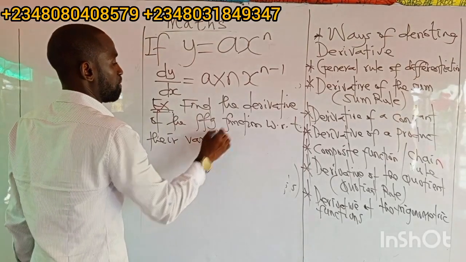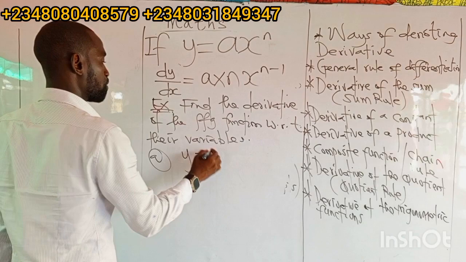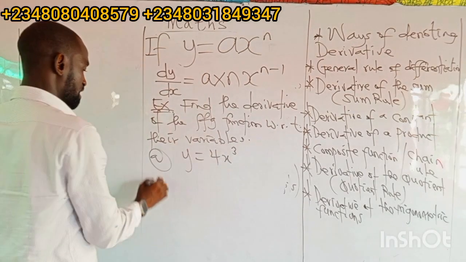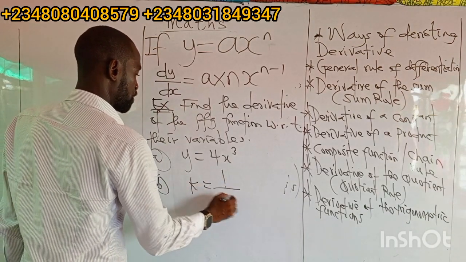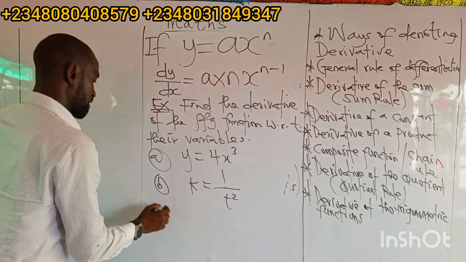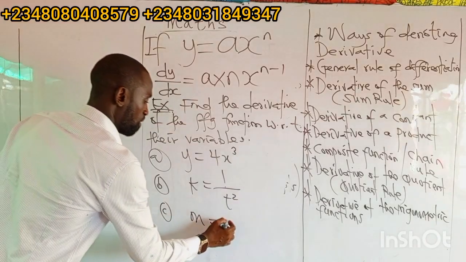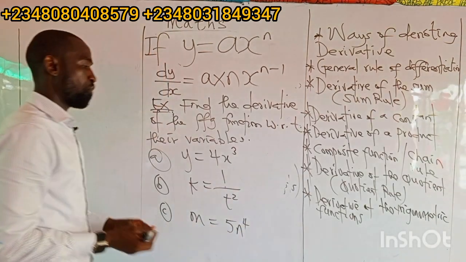The first one, y equals 4x cubed. Are you with me? Second one, k equals 1 over t squared. Third one, n equals 5n raised to power 4.